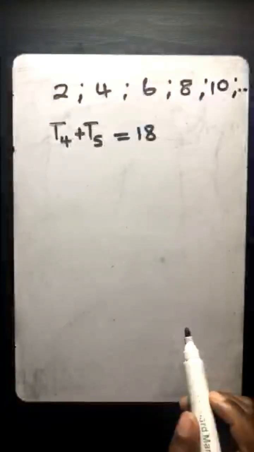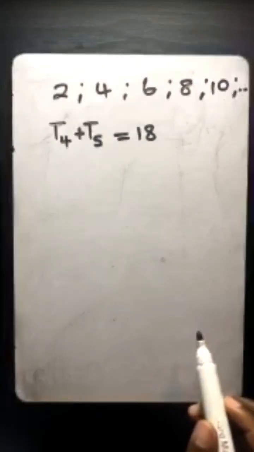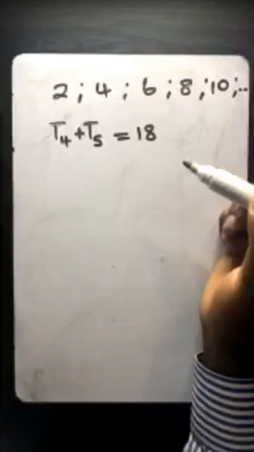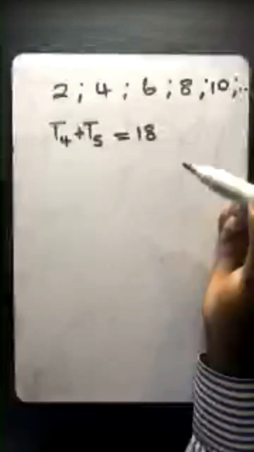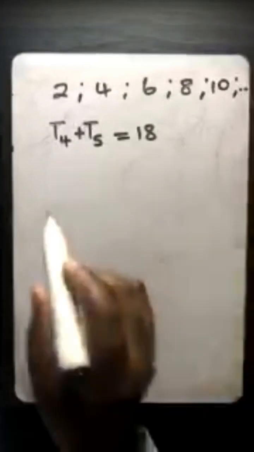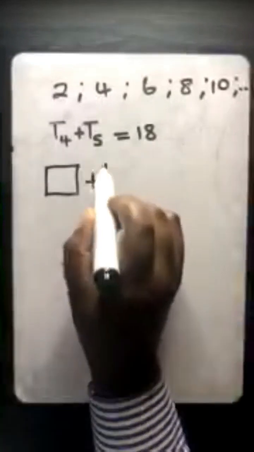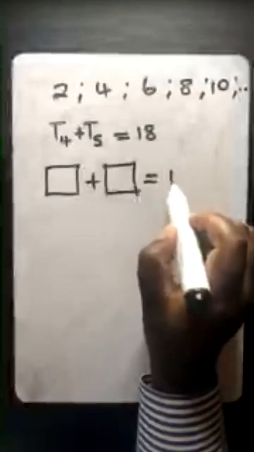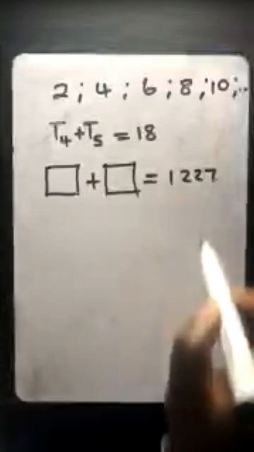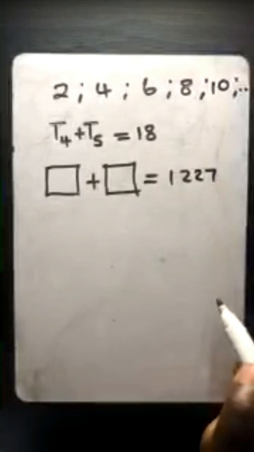Okay. If that is the case, let me bring it to that statement. That statement was saying if the sum of 2 consecutive terms in the pattern is 1,207, then what they say is calculate the difference between the 2 terms.